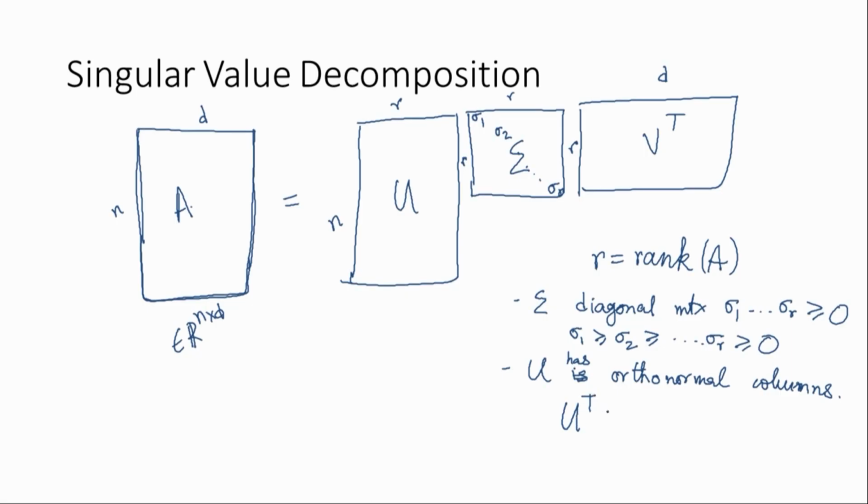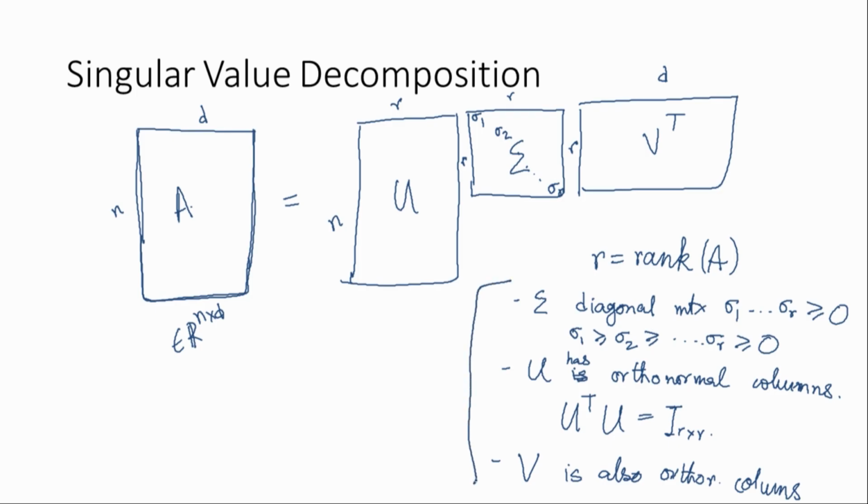The L2 norm of every column is 1, and any two columns are orthogonal to each other, which means that U transpose U is actually identity. That's an easy way of writing this. The matrix V also has orthonormal columns, or rather, V transpose has orthonormal rows. So this is called the singular value decomposition of a matrix.